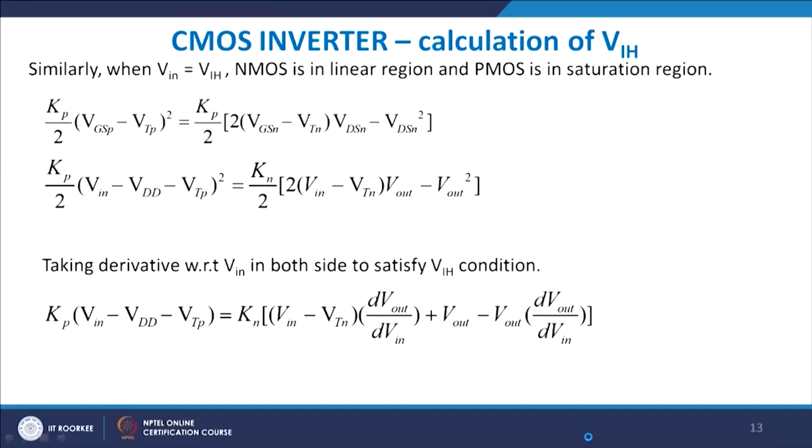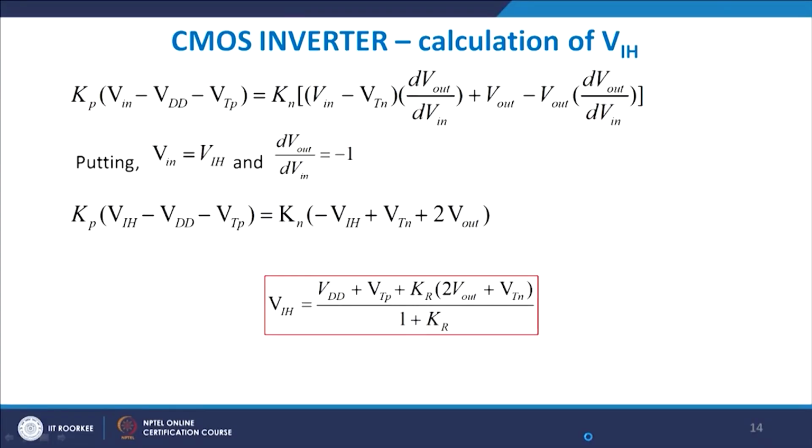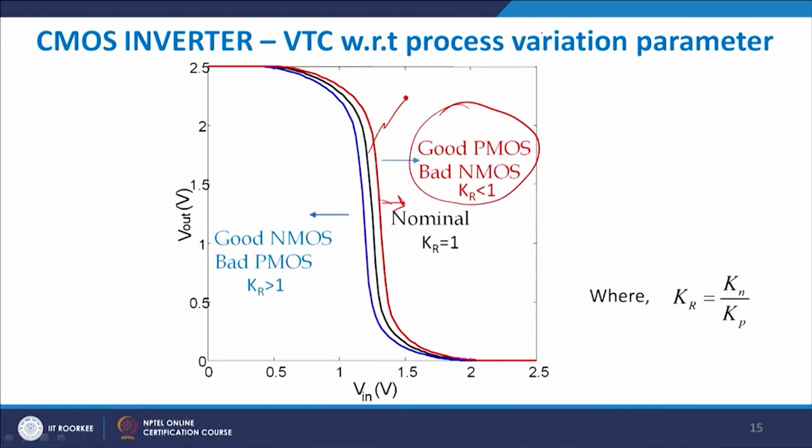Similarly, for a breakdown value, I take this into consideration, and if you take the derivative of both sides, I get VIH as some value, with Vin equal to VIH and dVout equal to dVin. If you solve it, I get VIH equal to this quantity which you see in front of you, right. This is the value of Vout, but this would not have come out if we did not do the derivation properly in the previous case.